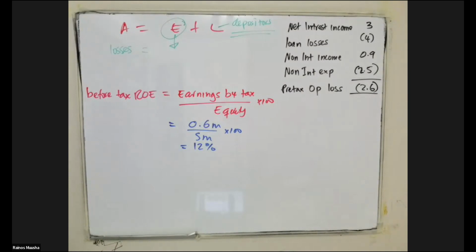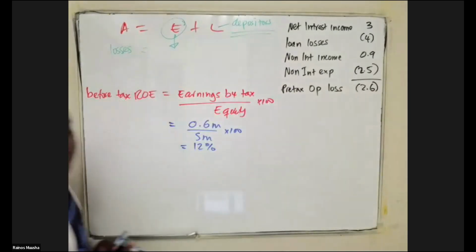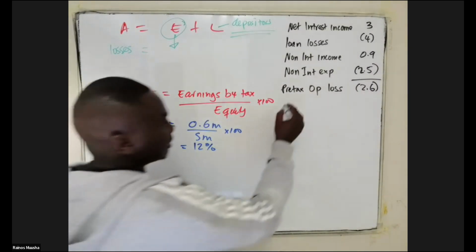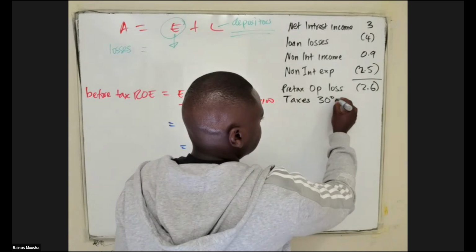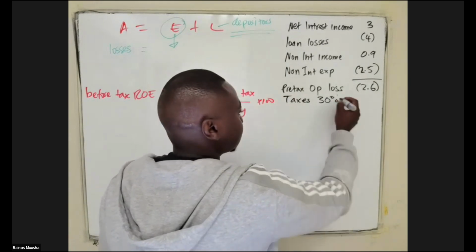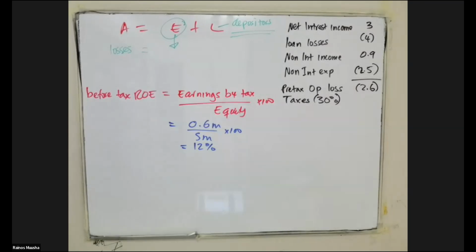So if it's a pre-tax operating loss of 2.6 million, let's assume that our taxes are equal to 30%. If our taxes are equal to 30%, how much are the taxes going to be?